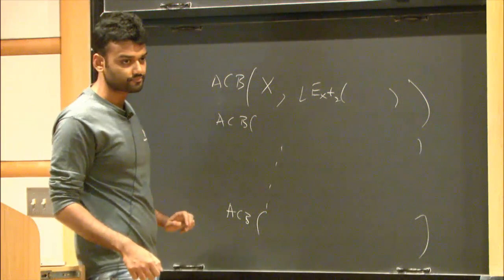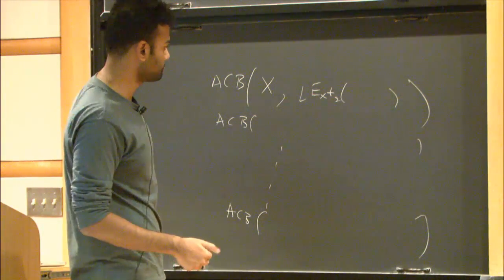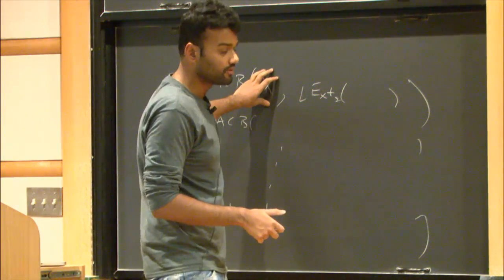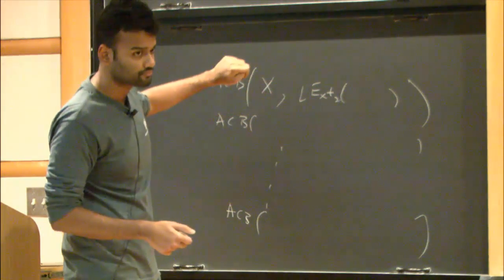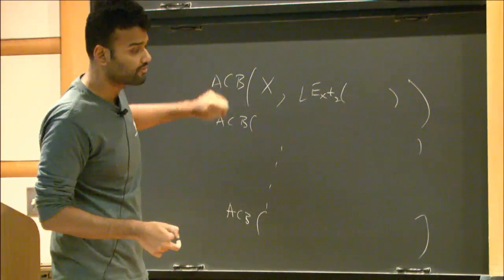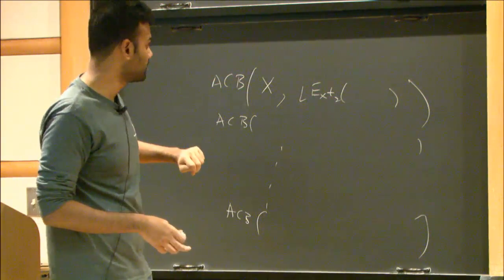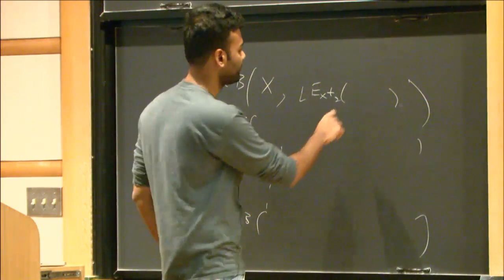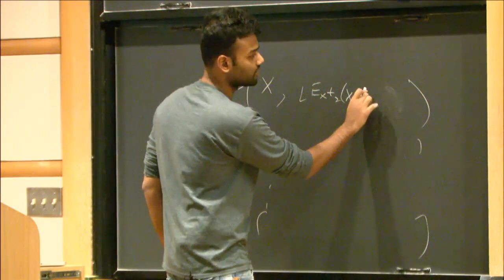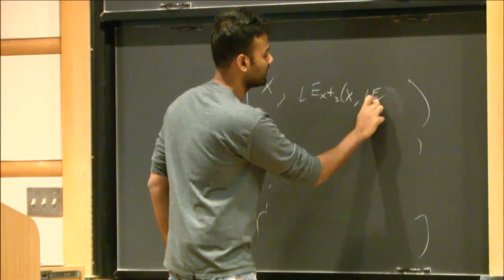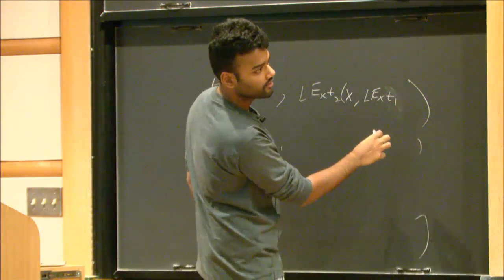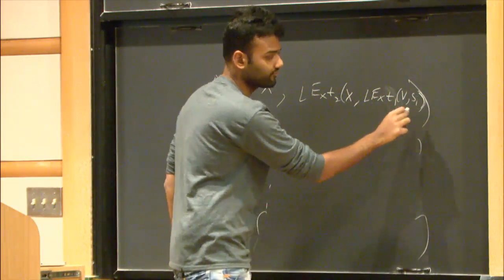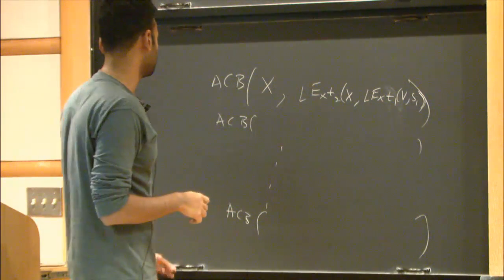The inputs to the correlation breaker are the rows of the matrix, already produced with the second extractor: L ext 2 of x comma L ext 1 of v comma s1, this kind of thing.